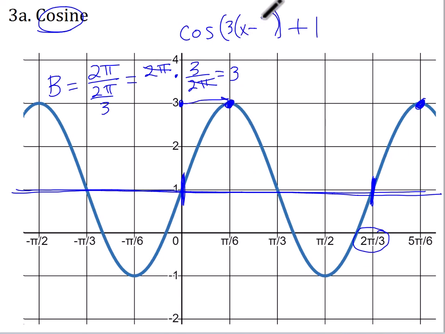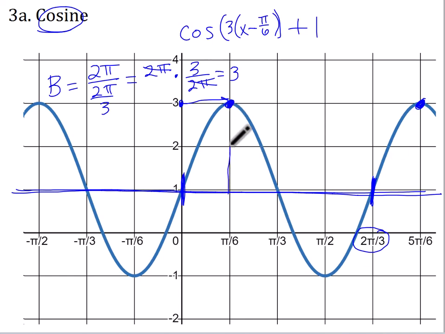And so I need to shift this to the right, pi over 6. And so minus pi over 6 is going to do that for me, shifting the whole graph from 0 to pi over 6 and everything after that. And so this value here helped me figure out what the period is, or one full complete cycle, but then this value helped me figure out how much to shift it over.